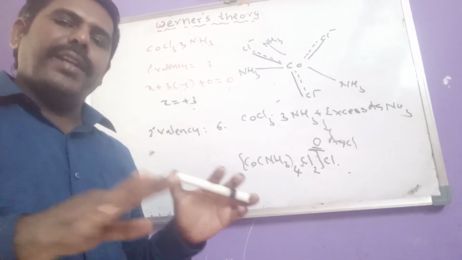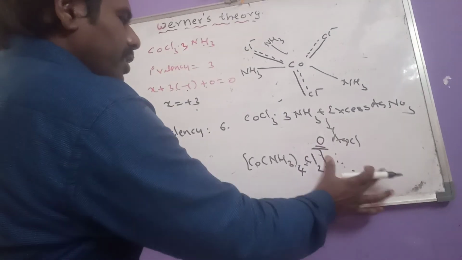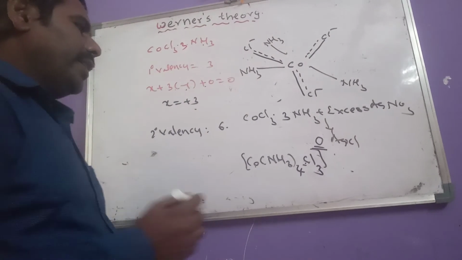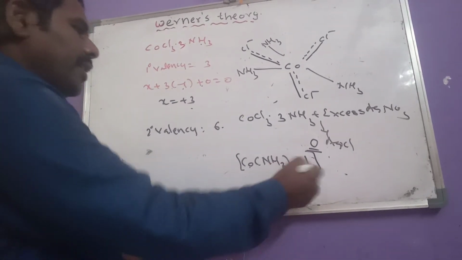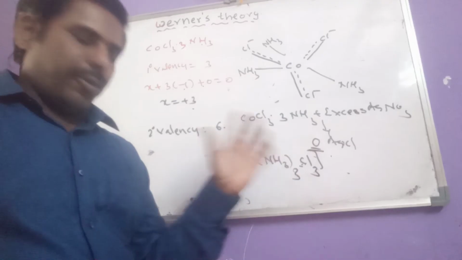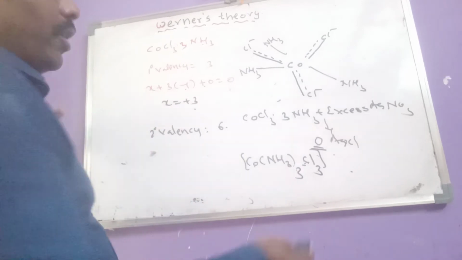That means no AgCl precipitate is formed. Now, its original structure can be written like this: Co(NH3)3Cl3. So like that, no ions are produced. So totally, which one gives how many ions?